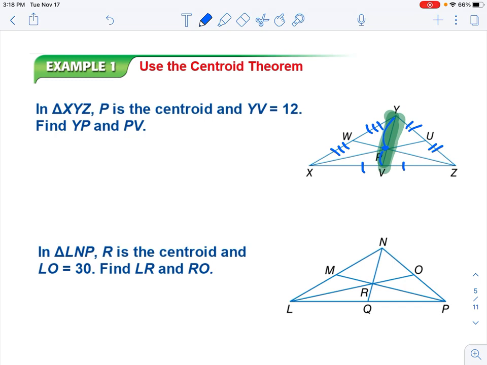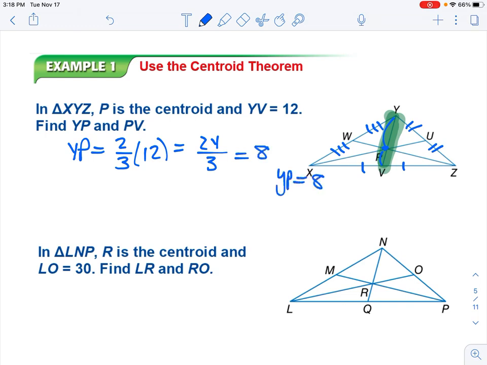So if we know the whole thing is 12, we can set up our equation. YP is equal to 2/3 the whole thing, 12, and solve. So we get 24/3 is equal to 8, so YP equals 8.